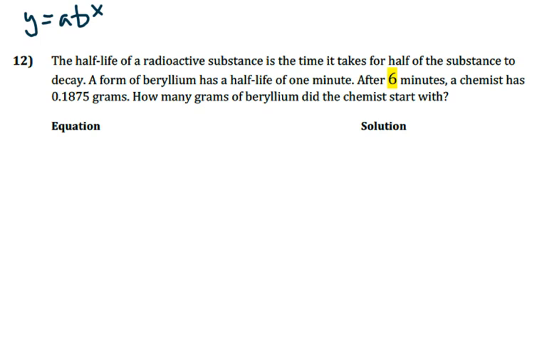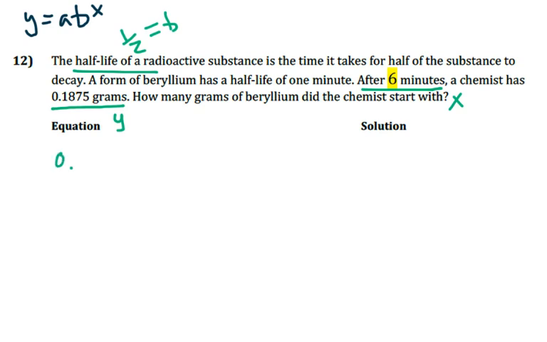Looking through here, half-life means that our growth factor or decay factor is 1/2, and it's going to be a decay factor because it's getting less and less. Then we know that 6 minutes have elapsed, so there's our x. We know that there's 0.1875 grams after the 6 minutes, so this is going to be y. Now we can substitute in what we know and solve for what we don't know.